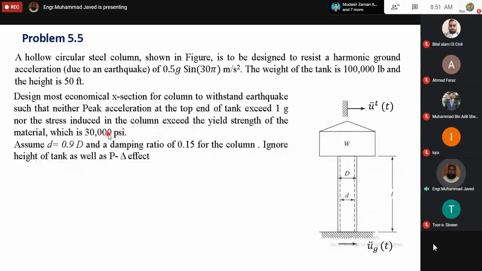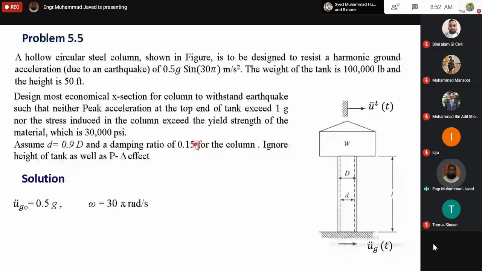So we have to design the most economical cross-section for these two conditions. Take small d, that is inner diameter, equal to 0.9 times capital D, that is outer diameter, and damping ratio of 0.5. Ignore the height of the tank, the static deflection delta.